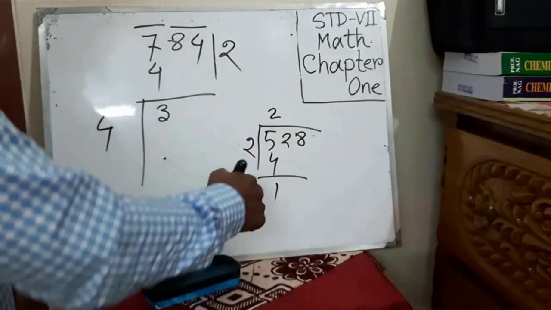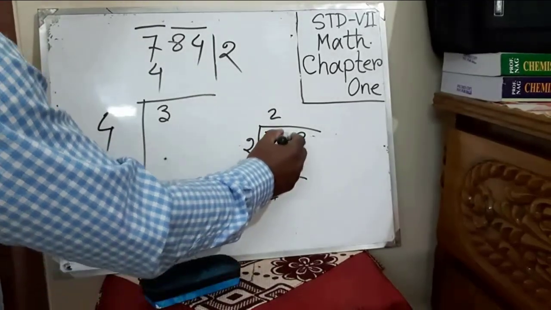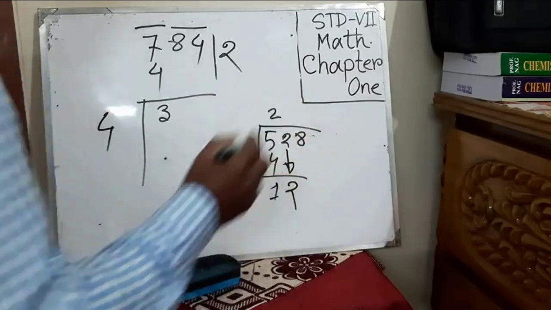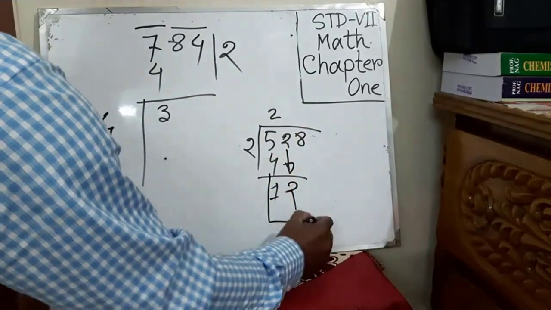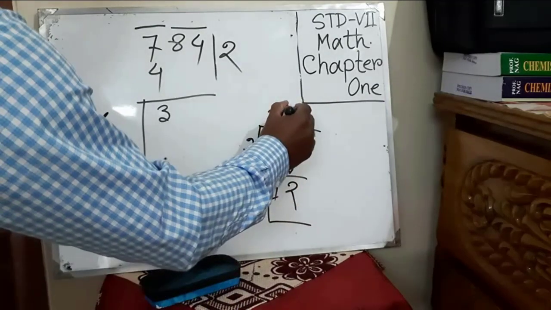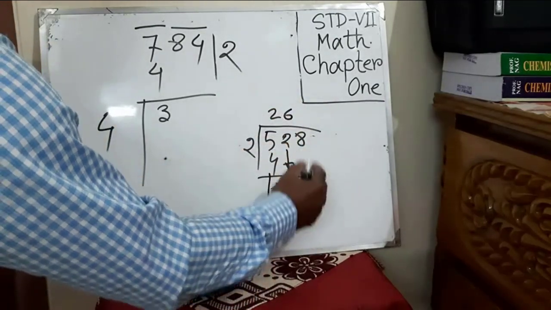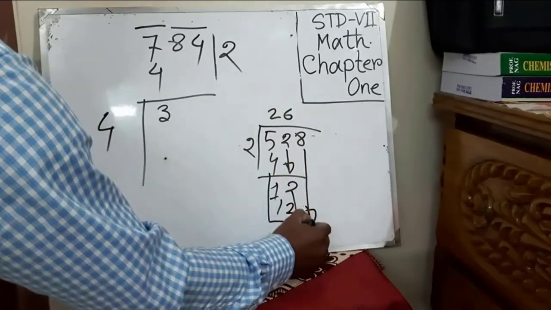Then 1 is left. Look, 1 is left here, then you will bring down only 2, not 28. Then 2 times 6 is 12. Then you will bring down 8.